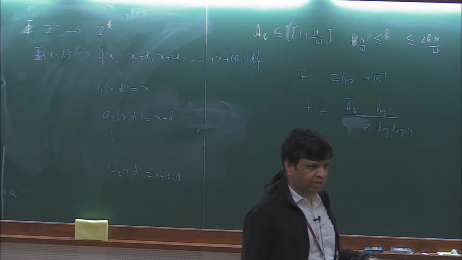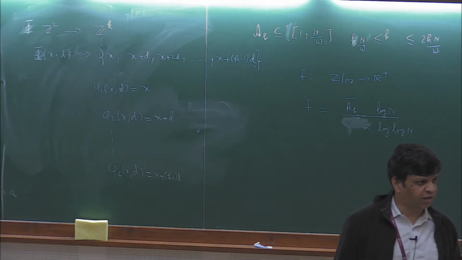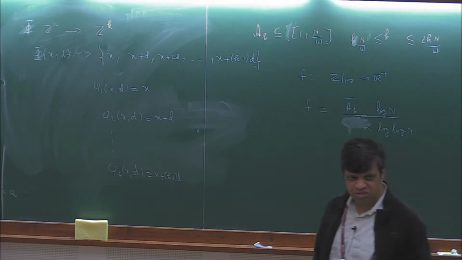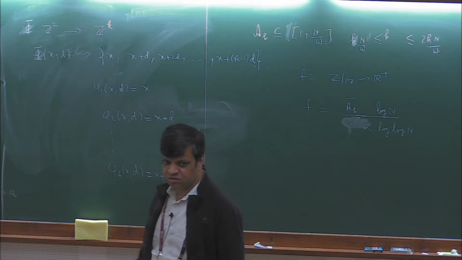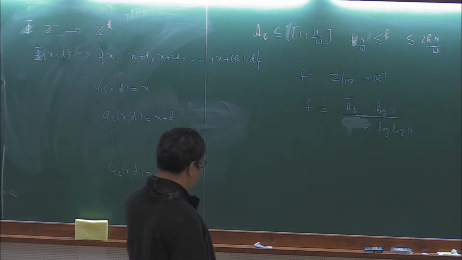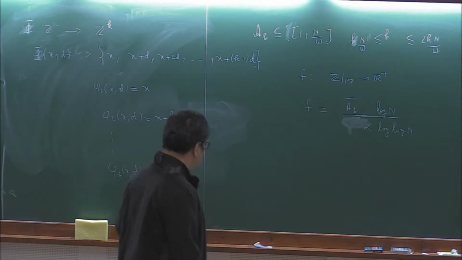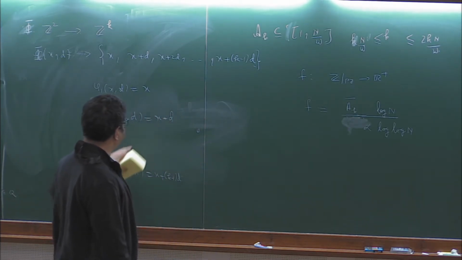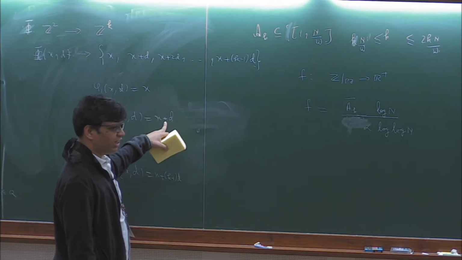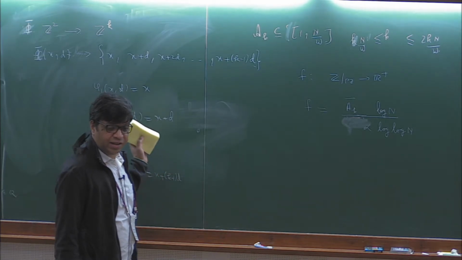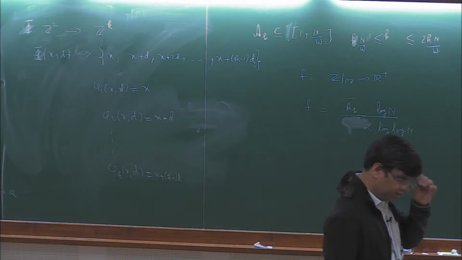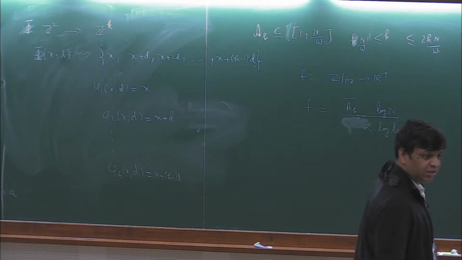Take any two of them, they are not dependent on each other. To see this, for instance, x plus d equal to 0 does not imply x plus 2d is equal to 0. If they were linearly dependent, then one being 0 would imply the other is 0.